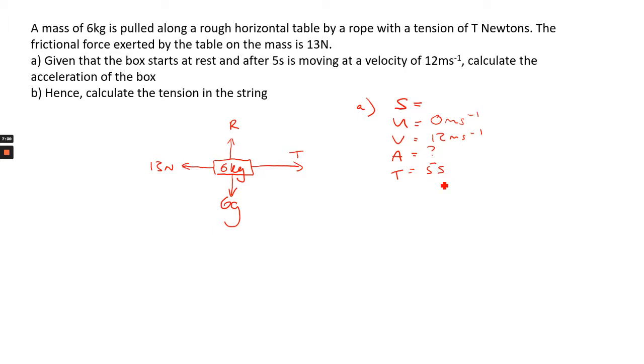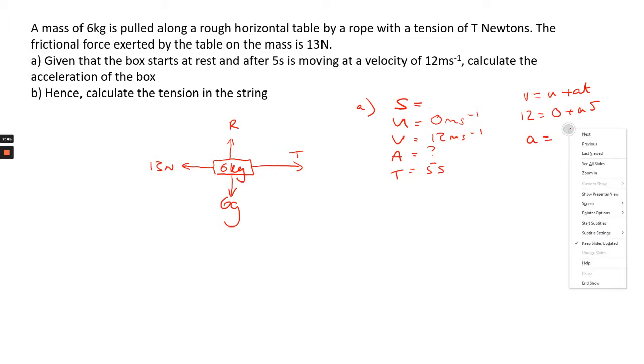So I have V, U, A, and T. So I need to use V equals U plus AT. 12 is 0 plus A times 5. And so A is 12 divided by 5, which gives me 2.4 meters per second squared.